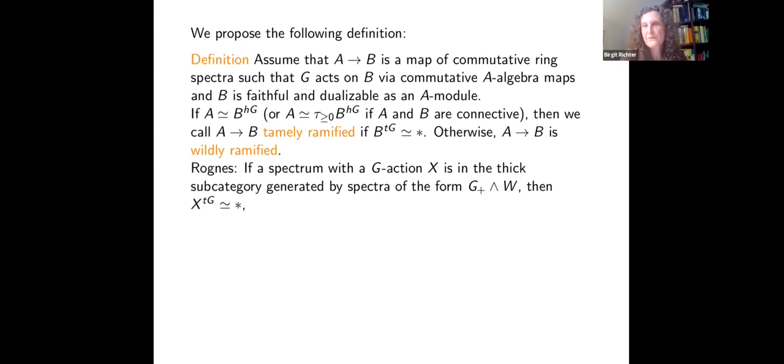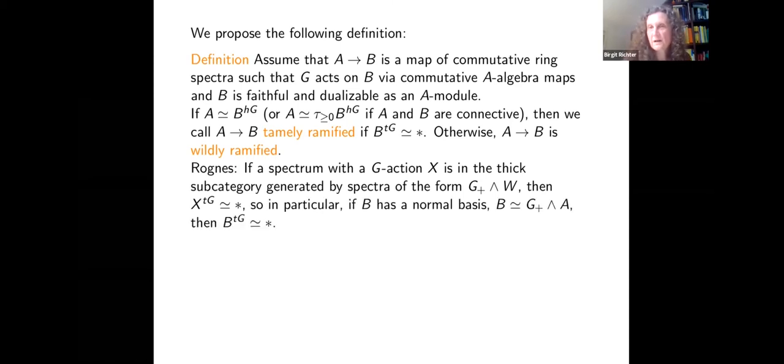If you have a free G spectrum, in the sense that you just have G tensor something, then Tate vanishes. It also vanishes if you build the thick subcategory generated by such things. So in particular, if you have a normal basis, which is Noether's criterion for tame ramification, then the Tate construction is trivial.